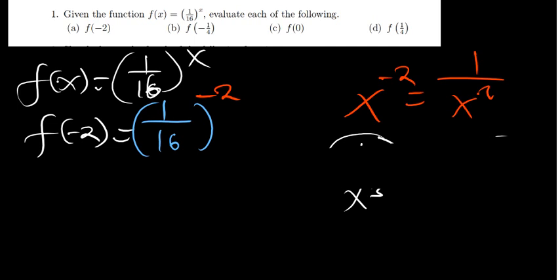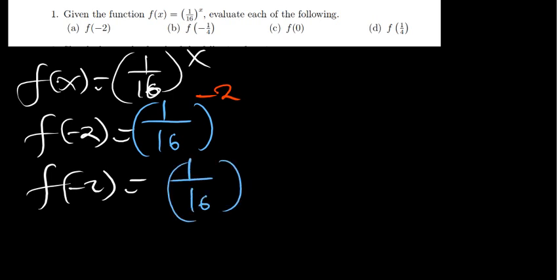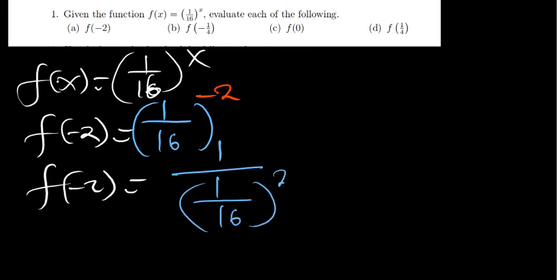So f of negative 2 is equal to 1 over 1 over 16 raised to the power 2. I've now removed the negative.